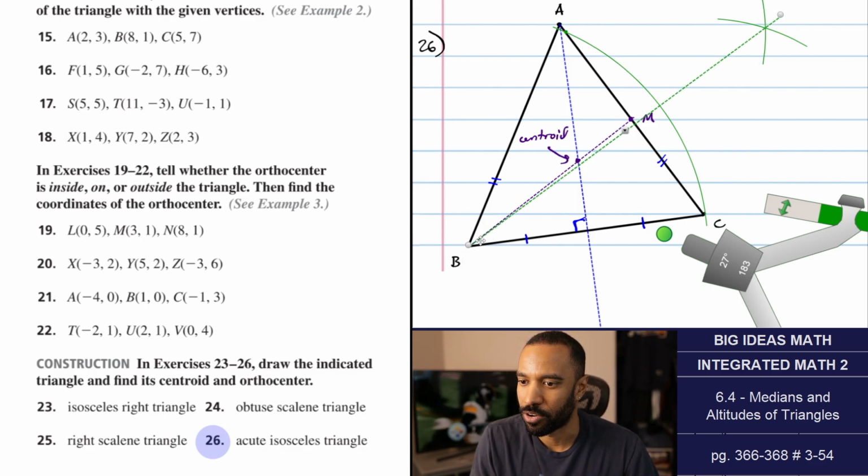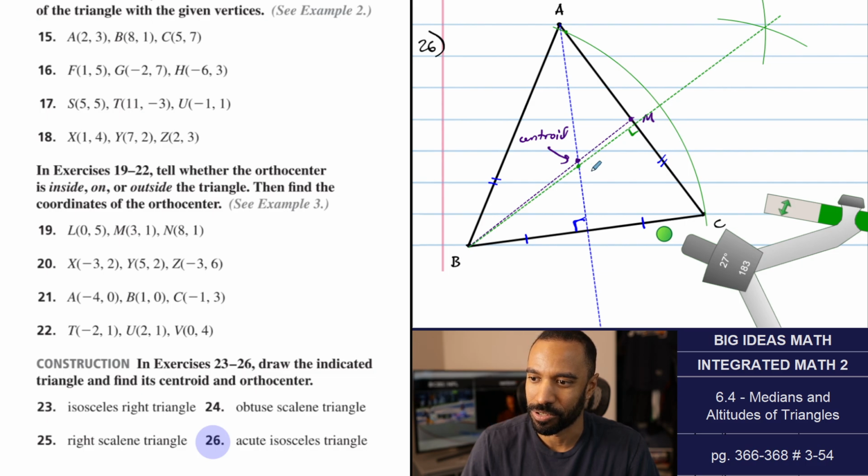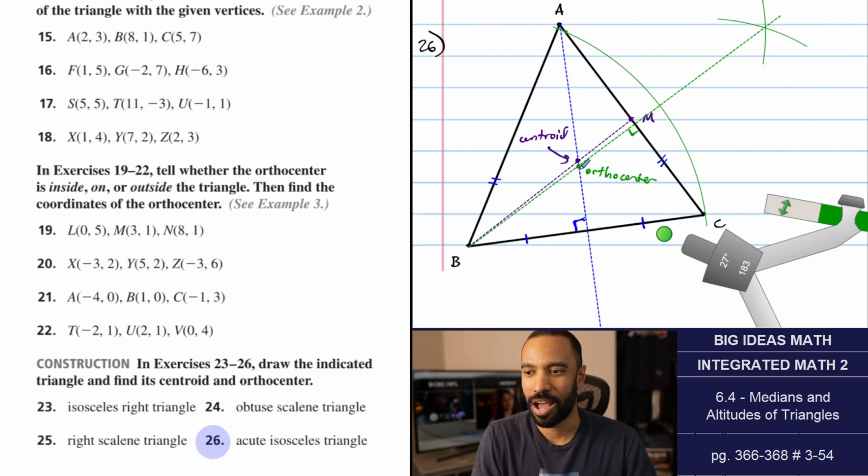Because it's nearly equilateral, but not quite. Okay. And that, my friends, is an altitude, which makes this, my friends, the orthocenter. Okay. Wow, very close to each other, which meant this was very close to being equilateral.